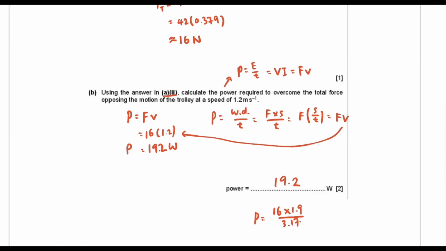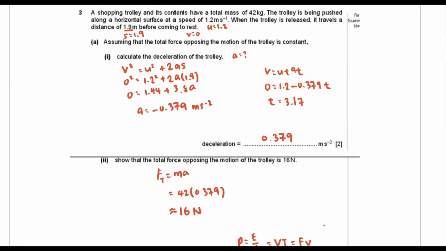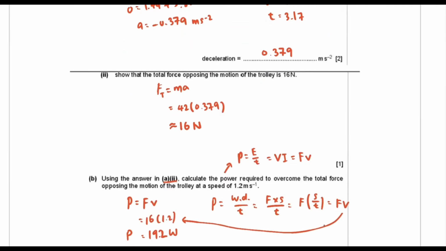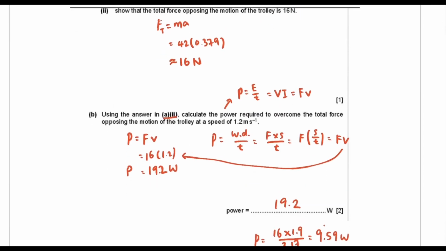Okay, so let's see what value we get. 16 times 1.9 divided by 3.17, 9.59. Okay, so we get this. So let's see why it is different.